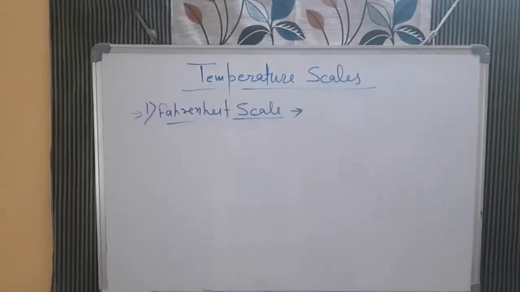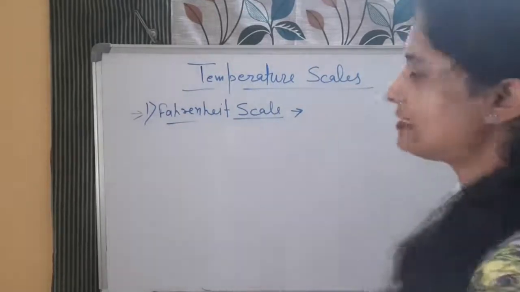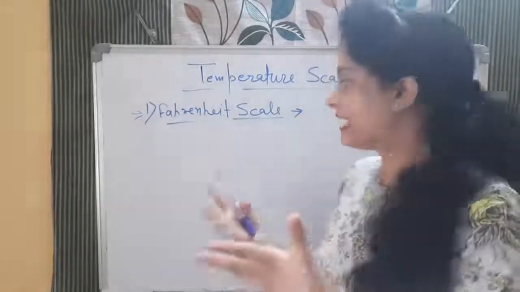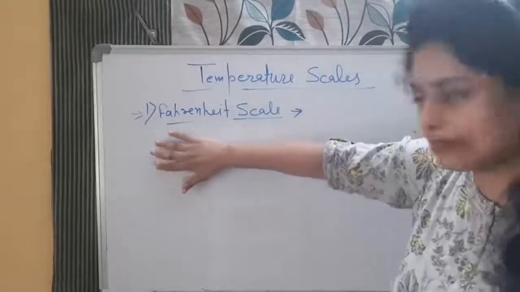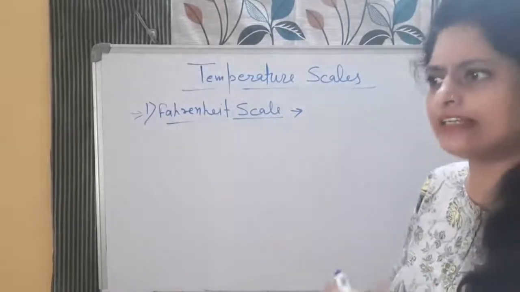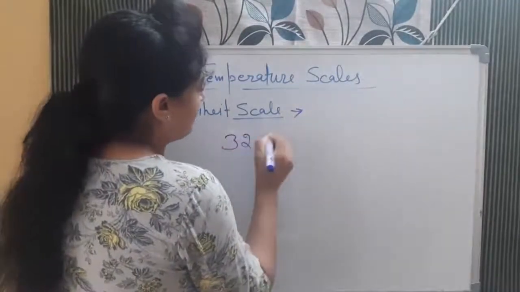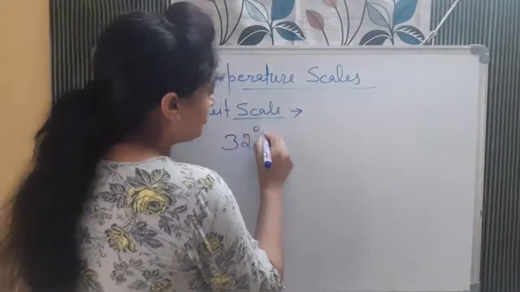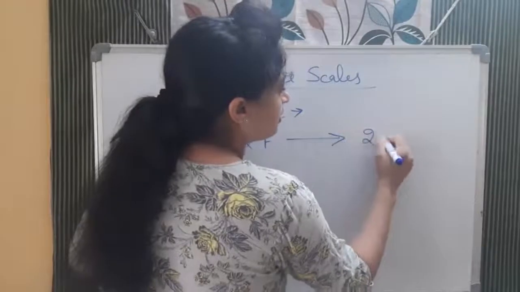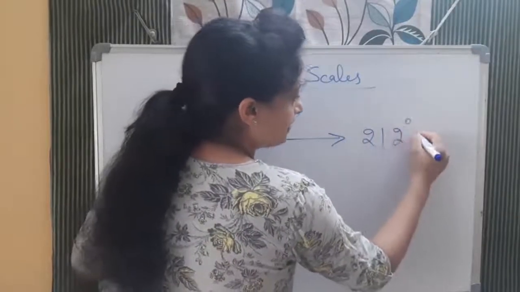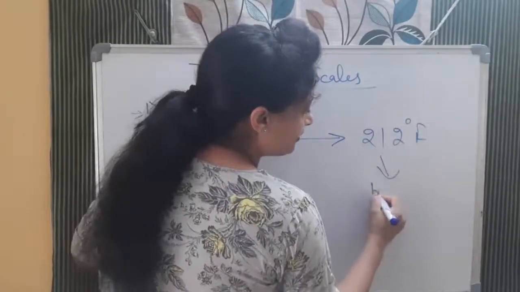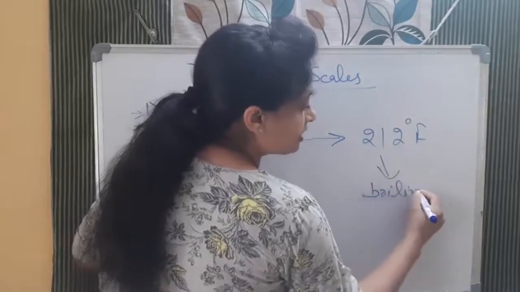The Fahrenheit scale was derived by the German scientist Daniel Gabriel Fahrenheit. Basically this scale measures temperature from the freezing point of water, 32 degrees Fahrenheit, to 212 degrees Fahrenheit, which is the boiling point where the water starts boiling.